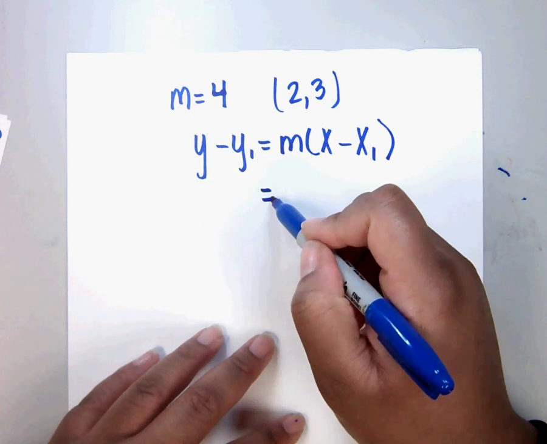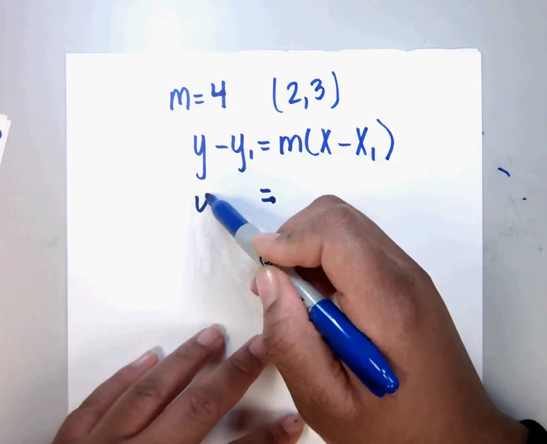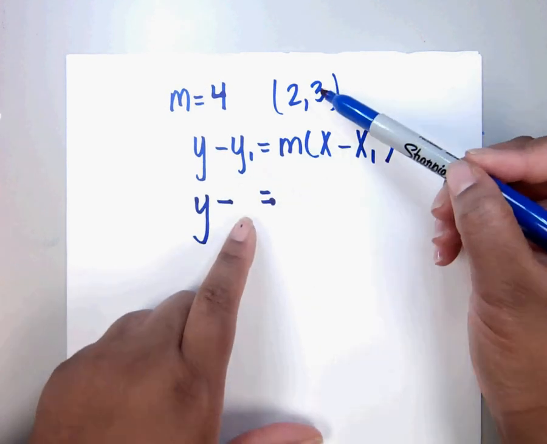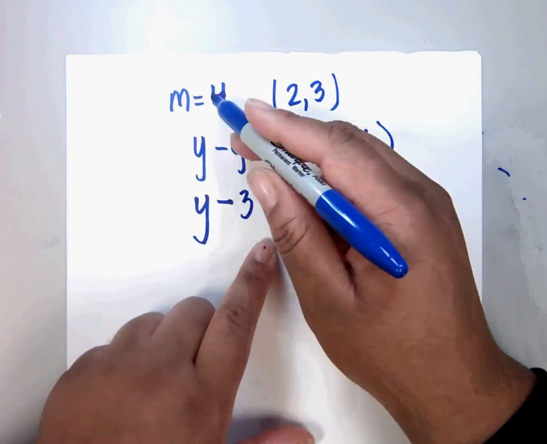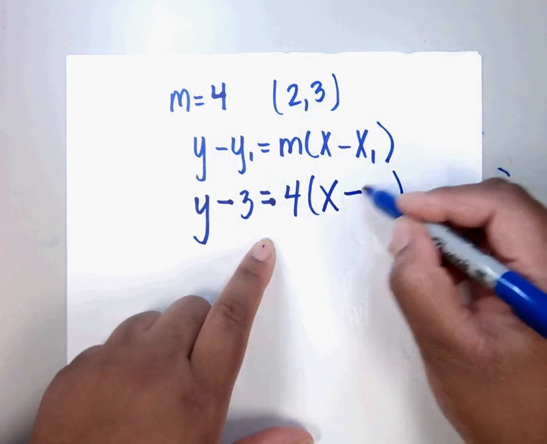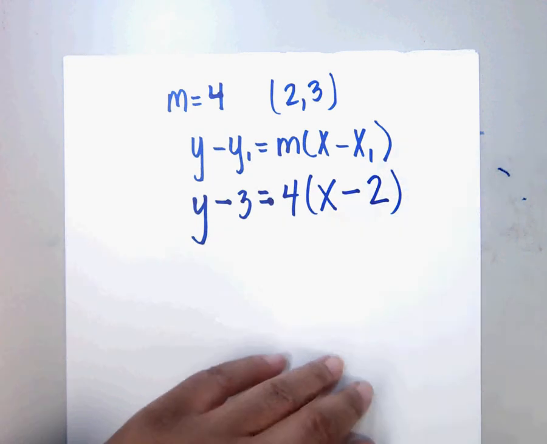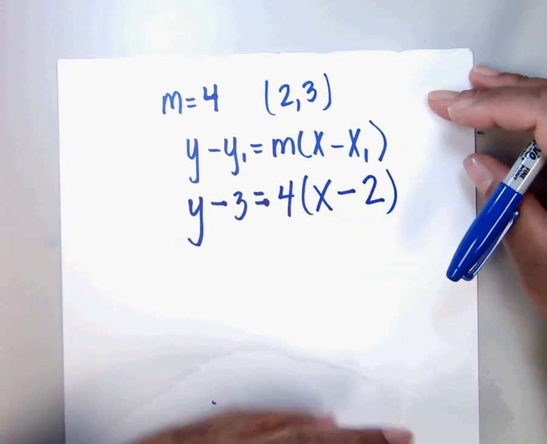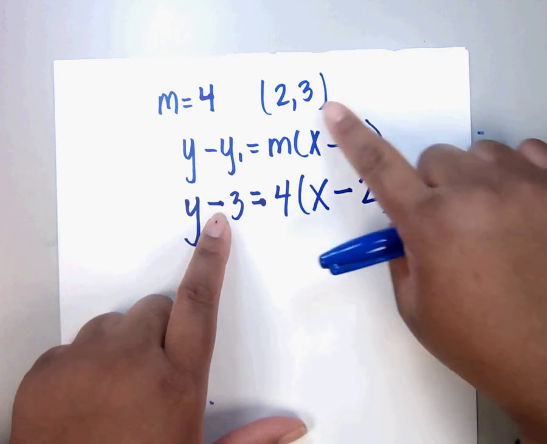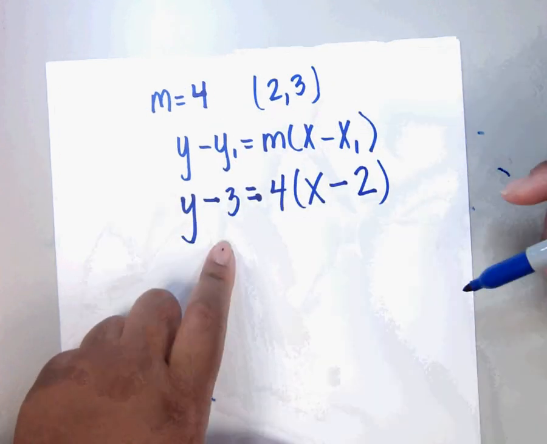Okay, now that you're back, you should have plugged in the y in the y spot, the m in the m spot, the x in the x spot. Now on this problem, nothing is changing to a plus sign because nothing was negative.